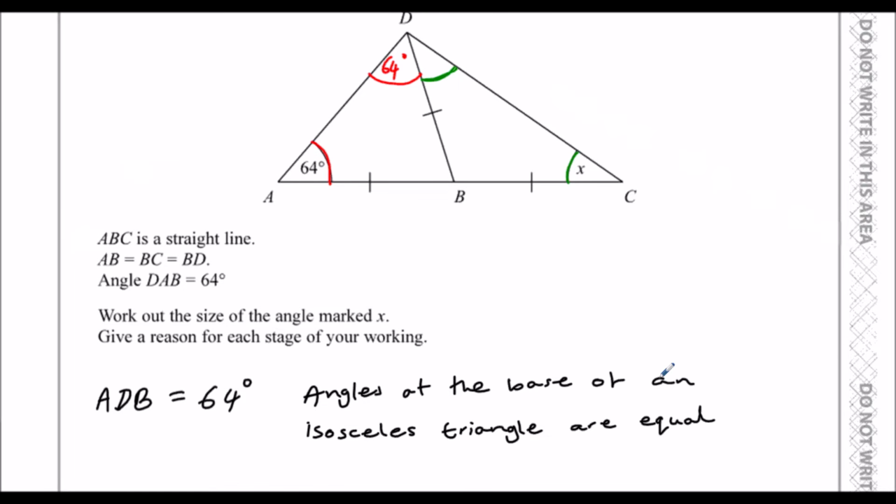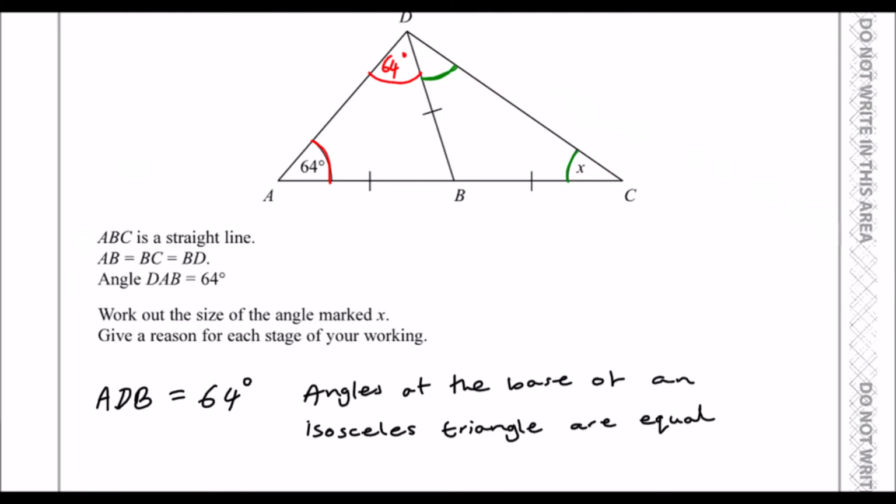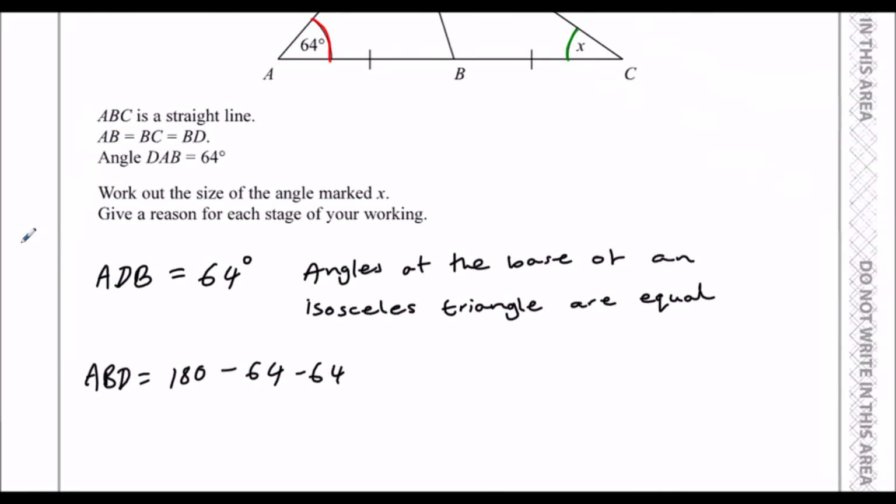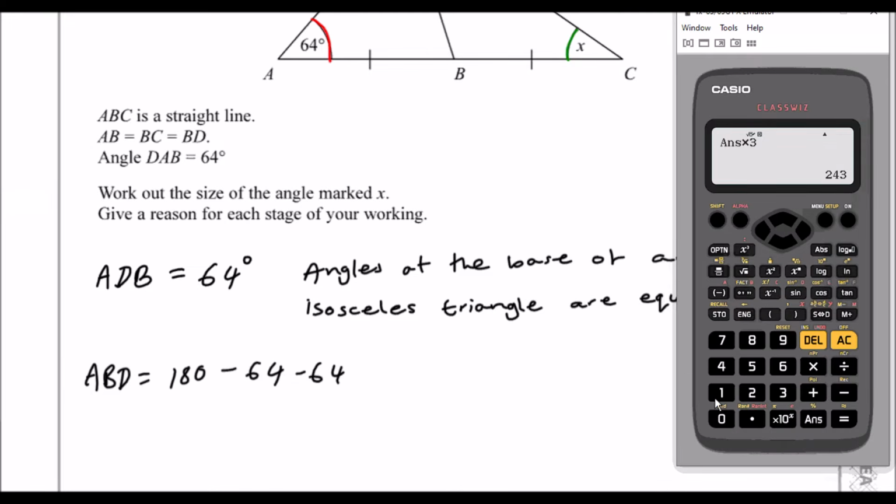Then for triangle ABD, we can say that angles in the triangle add up to 180 degrees. So ABD is going to be equal to 180 take away the 2 64 degrees. So we can work that out on the calculator. 180 take away 64, take away 64, and that's 52 degrees.